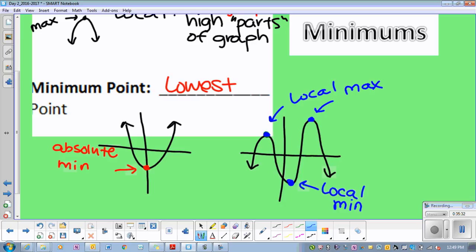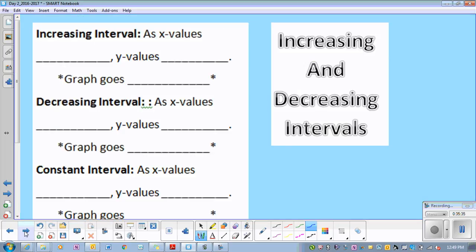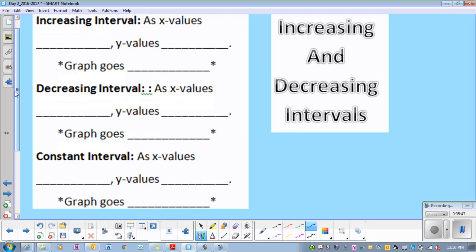All right. So let's look at this next part, the increasing and decreasing intervals. In the past, I think this is the hardest one to understand. With increasing intervals, it's talking about how as your x values increase, your y values increase.